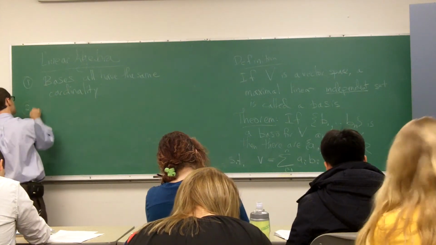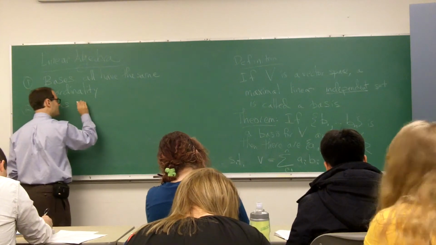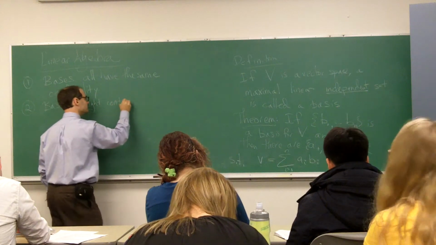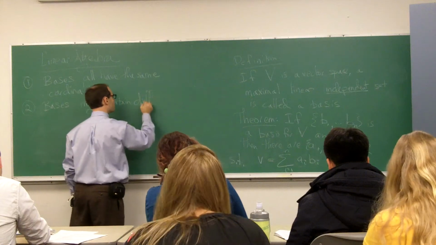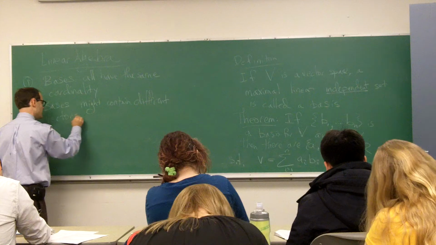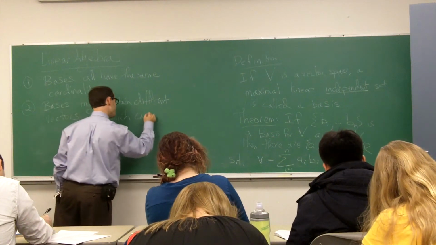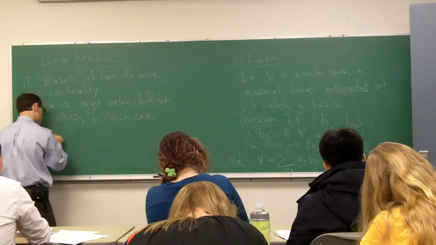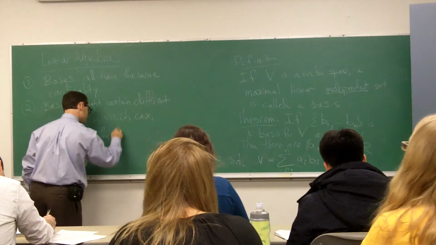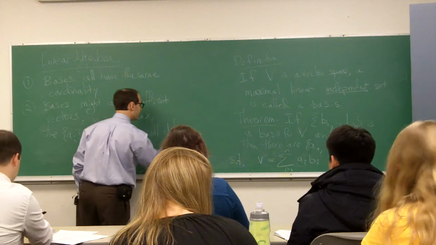The second thing is that bases might contain different vectors. In which case, the AIs in the theorem will differ.